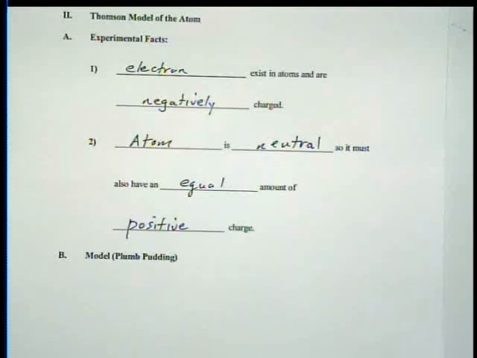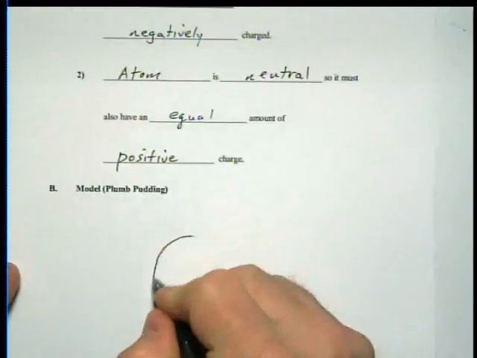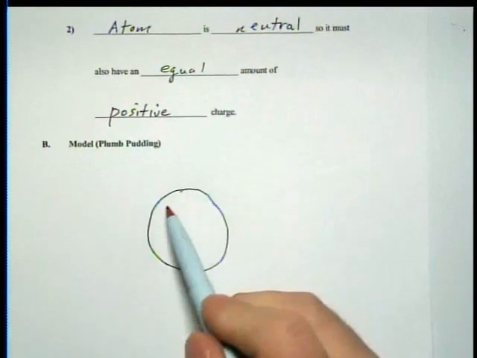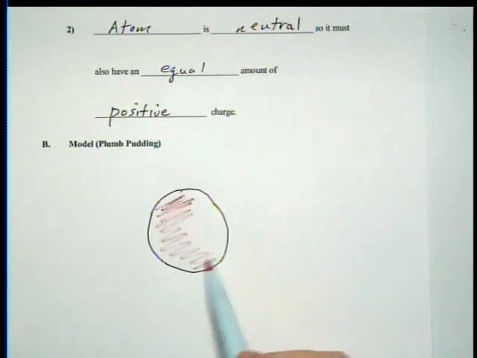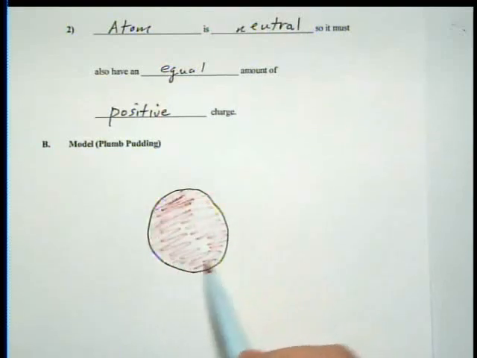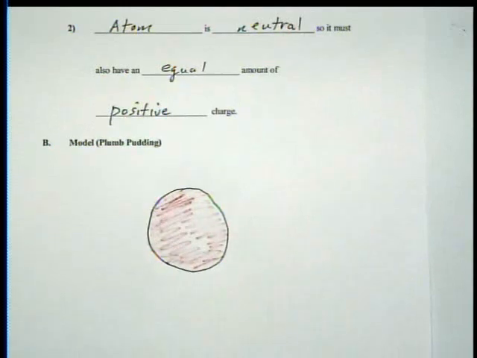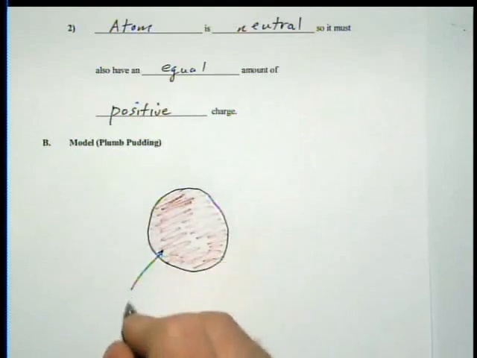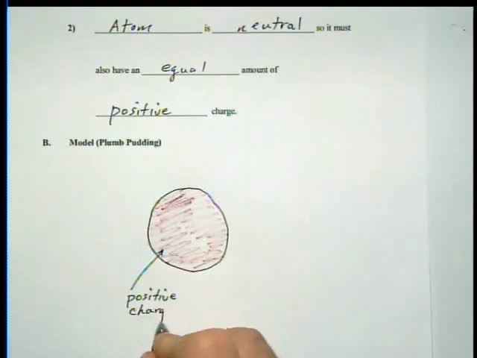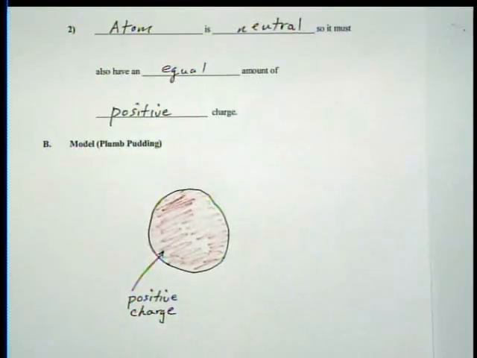Thinking about that, Thomson came up with the following model. He says there's going to be a bunch of this positive charge, but it's going to be spread out, not concentrated. And it's what gives an atom its size. And to explain the fact that I can knock electrons off, I'm going to concentrate the electrons.